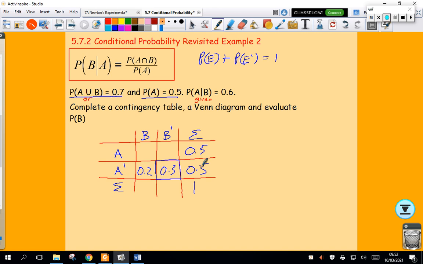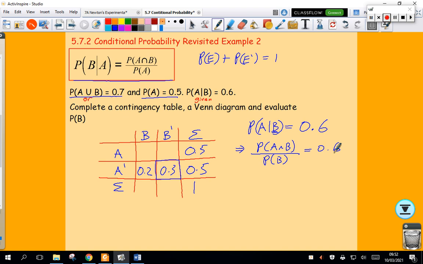We're also given that the probability of A given B is 0.6. That is not a cell in my table, so I might just think about this for a moment. The probability of A given B is 0.6, and we have a formula that we generally use when we're dealing with conditional probability. The probability of A given B is the probability of A intersection B divided by the probability on the condition, which is B. And that's 0.6.